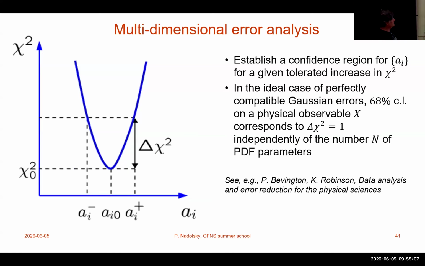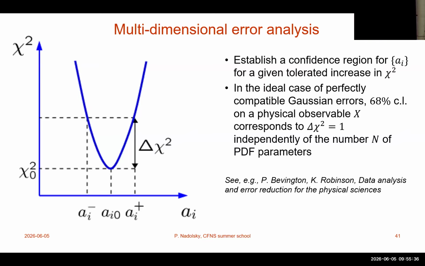So basically we have a prescription for how to estimate the uncertainty on this parameter. And this estimate will tell you that regardless of how many parameters you have, if you have just one parameter and purely statistical fluctuations, the region corresponding to the increase of chi-squared by 1 unit contains 68% of your values for this parameter.